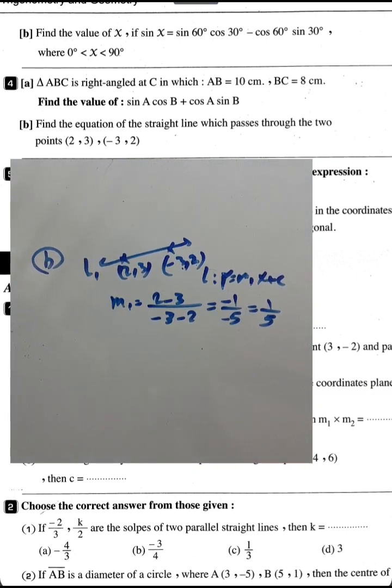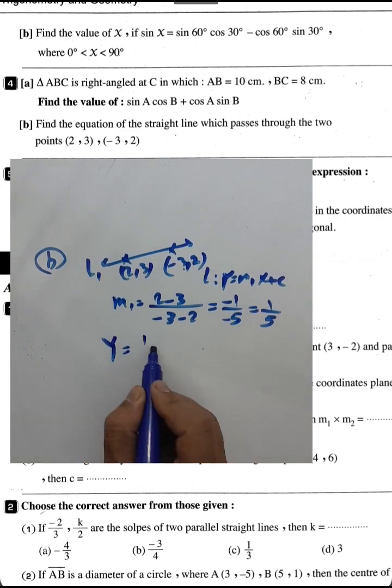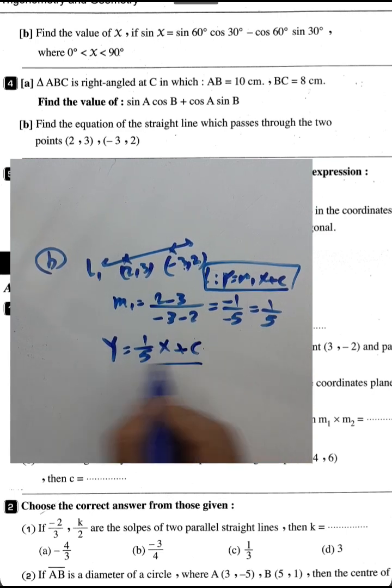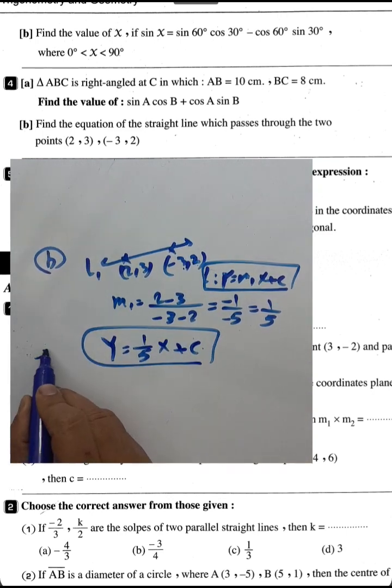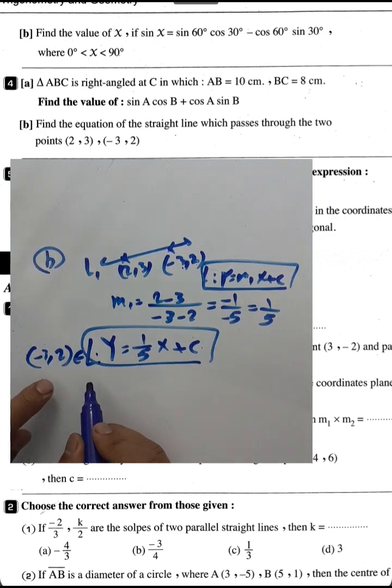Okay, and then you can write the equation y equals 1/5 x plus constant. We have the point -3 and 2 on this straight line, so this point satisfies the equation.